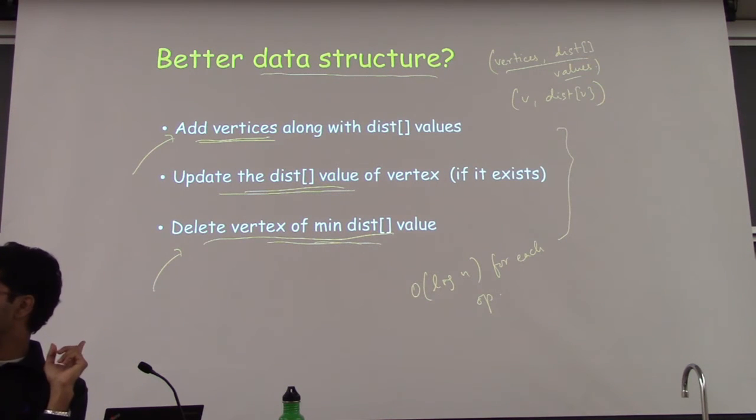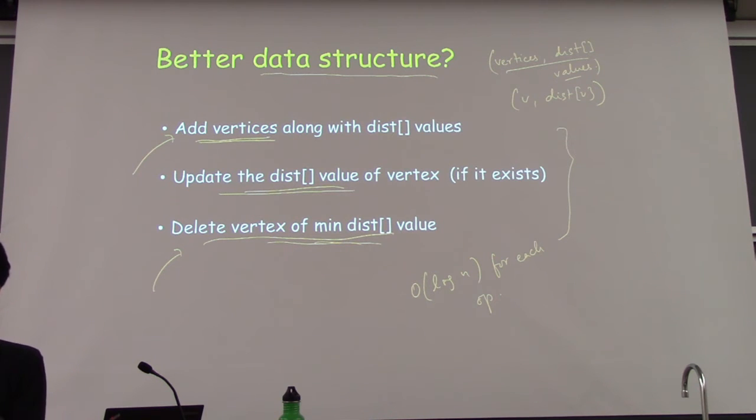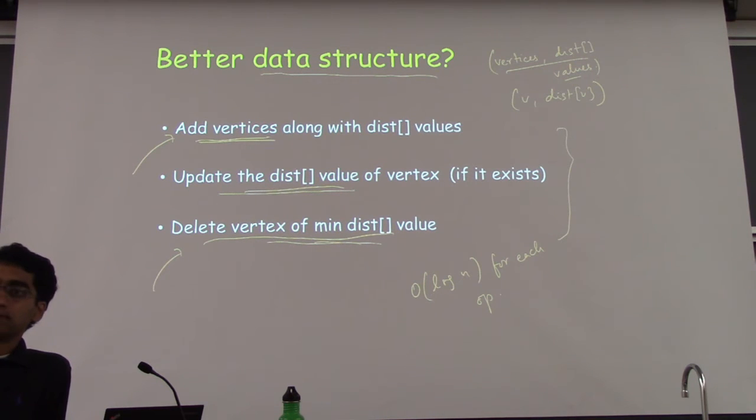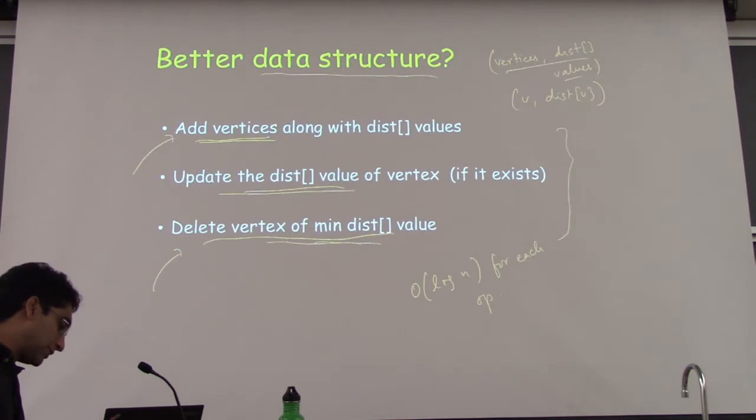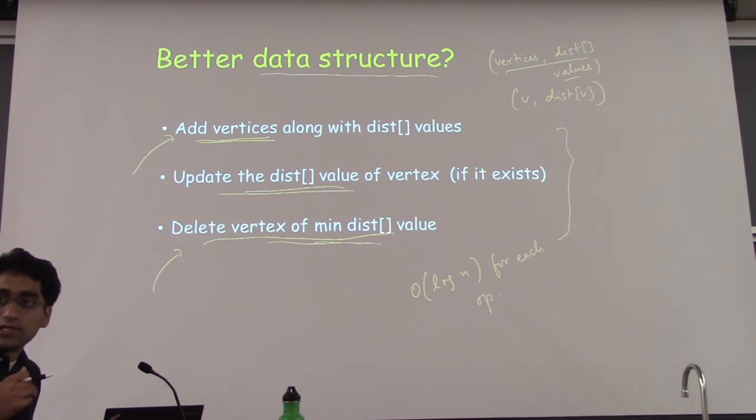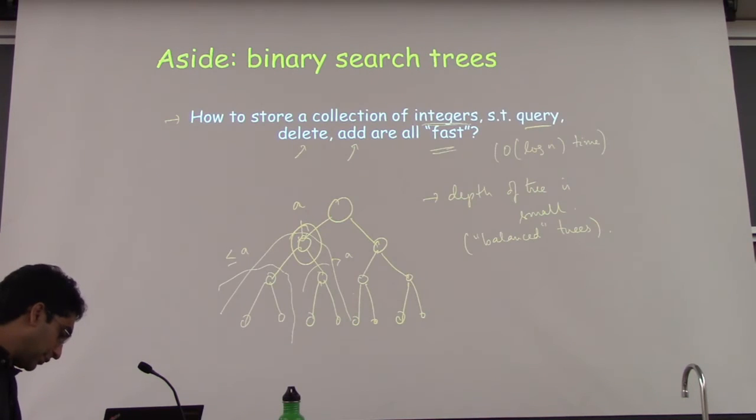And now you have these tuples. So how do you come up with a complete ordering of tuples? So is the question clear? You want to store tuples in a binary search tree. Okay. So here the nodes are not just integers a, but you actually have things of the form v, comma, distance of v.